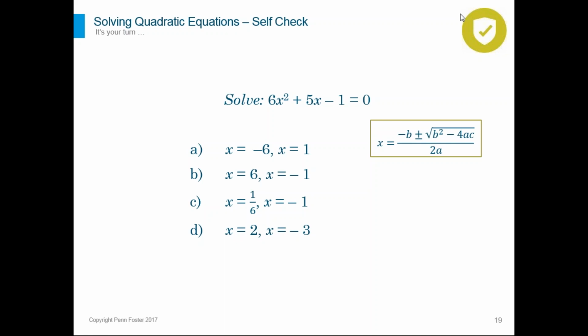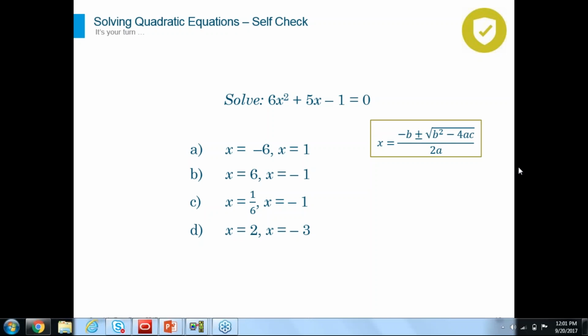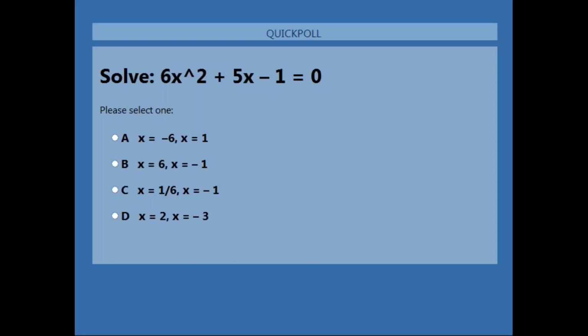So it's negative b plus or minus the square root of b squared minus 4ac over 2a. And here is the question. What are the solutions for this quadratic equation?